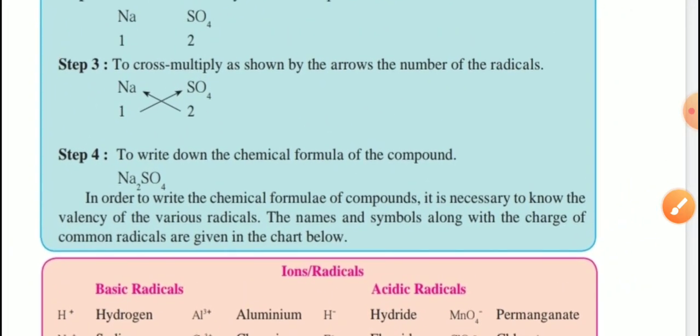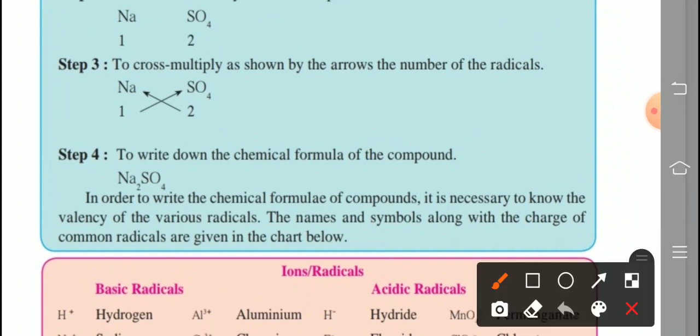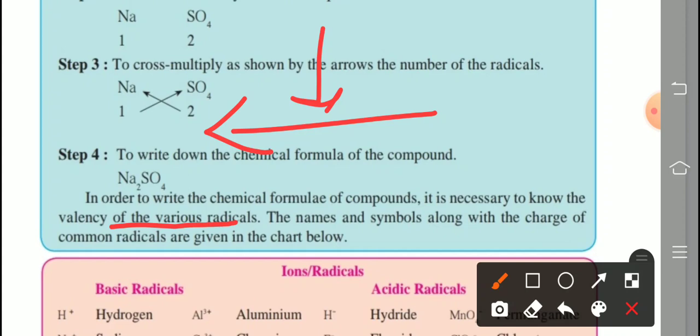In order to write the chemical formulae of compounds, it is necessary to know the valency of various radicals. For writing the formulas using these steps, we need to know the valency of various radicals. The names and symbols along with the charge of common radicals are given in the next table.